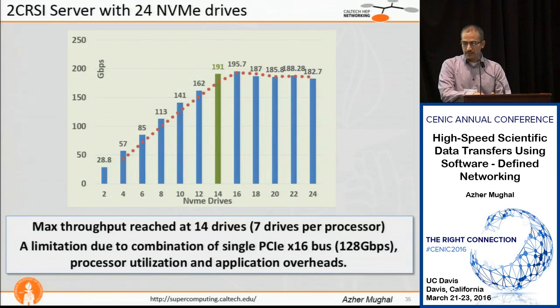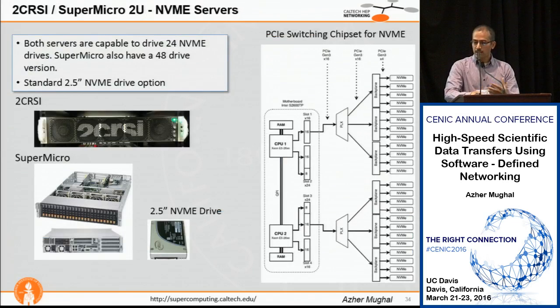In some of the tests we did, we saw that just 7 drives are good enough to fully utilize a PCIe X16 bus, and the other drives are there to store the data to be aggregated in a common pool. But as I said in the previous slide, there's a single PCIe X16 coming out from a single processor in this design.